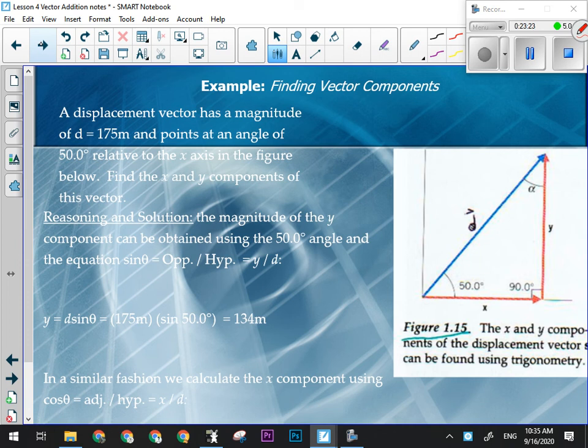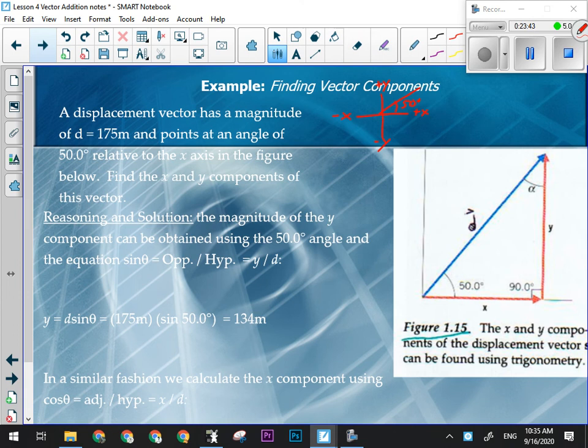Remember, you probably learned this in math: when you have an xy plot, this is the positive y, this is the positive x, the negative y, and the negative x. Since this is pointing this way, it's 50 degrees above the positive x-axis. So that can be vectors that we get sometimes as well.